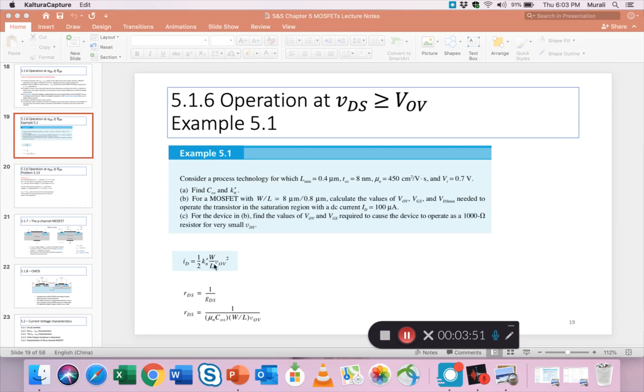This is one formula that's being used, and then part C is interesting because it is forcing us to look at the device with a small drain to source voltage VDS. That is, it's operating in the triode region. So there we have said that the FET can be modeled as just a resistor, right?